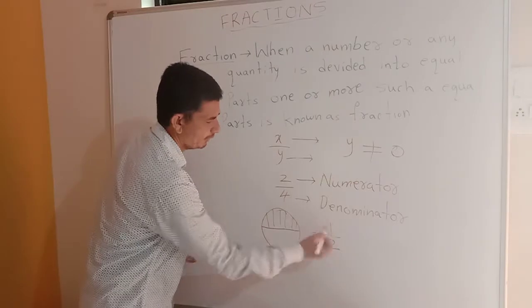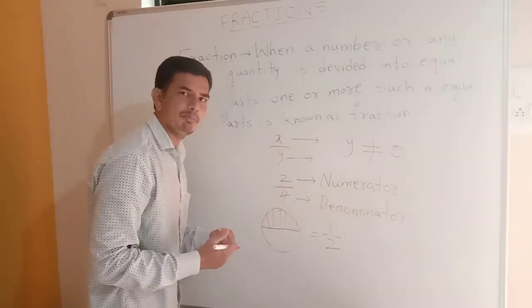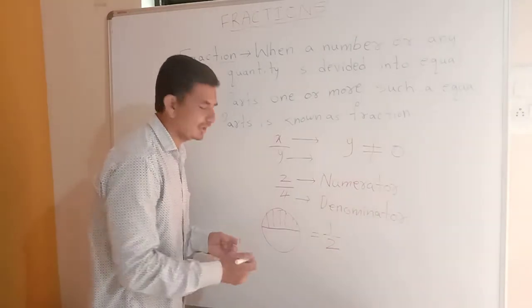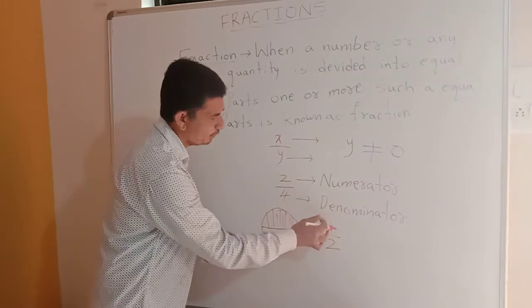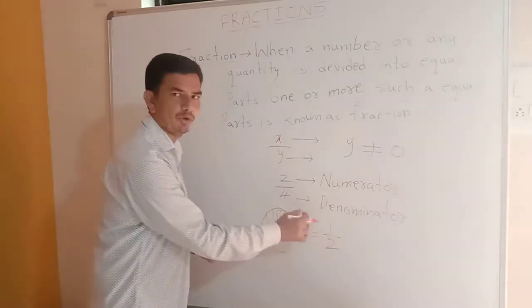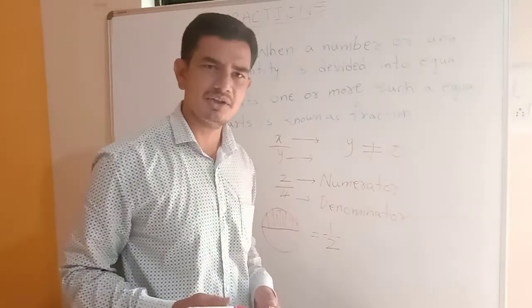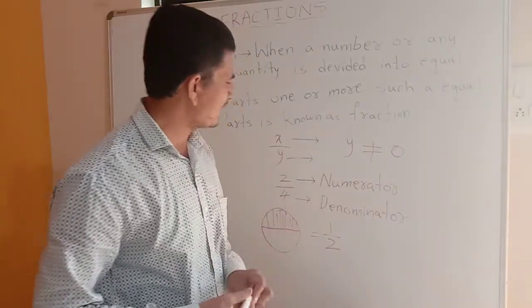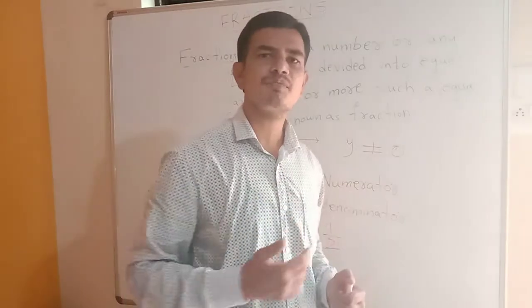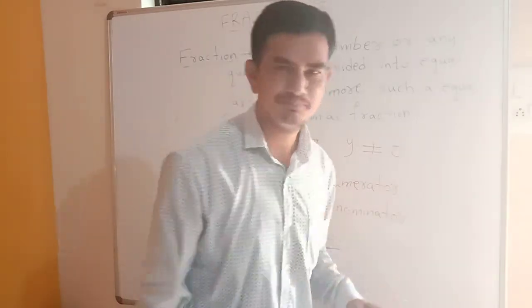How many parts are colored? This is one part, so we write 1 by 2. 1 is the numerator and 2 is the denominator. Some more examples I am going to give you with the help of pictures. Let us see.